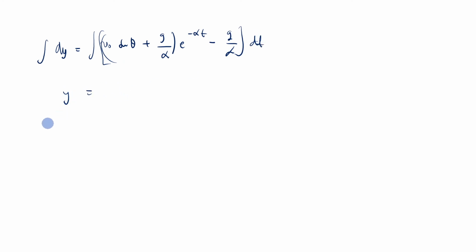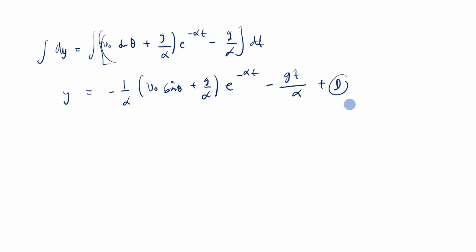So y as a function of t is equal to minus 1 over alpha times V0 sin theta plus g divided by alpha, e to the minus alpha t, minus gt divided by alpha, plus c. Of course, c is a constant value, and we can get this value with the approach of t equals 0, when y is 0.